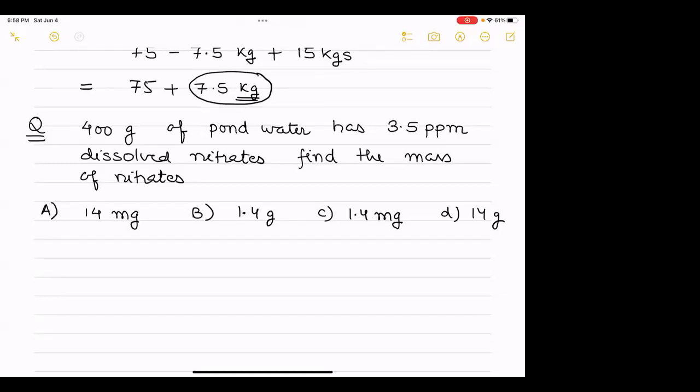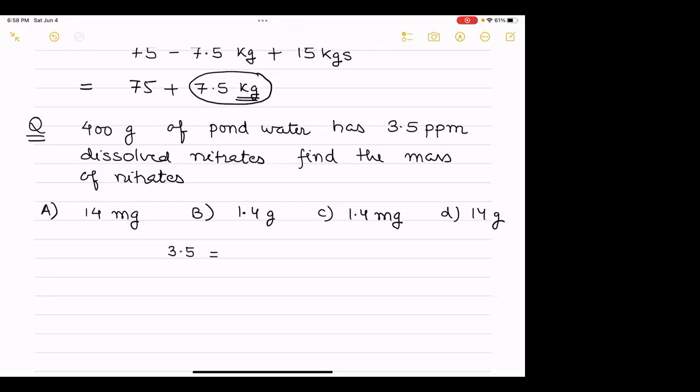Vamsi, Memuna, I hope you are solving it very quickly. What answer are you getting? ppm is 3.5. What is the formula for ppm? Sir, is it 3.5, option A? Option A. And Memuna, what are you getting? Sir, same, option A. Okay, let's check it quickly.